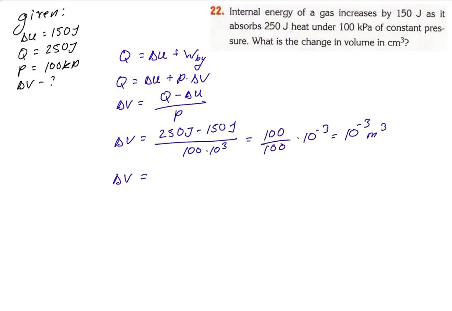So delta V is equal to 10 to the power of negative 3 meters cubed, or I can convert it into centimeters cubed by multiplying it by 10 to the power of 2, which is cubed. So it will be equal to 10 to the power of 3, or just 1000 centimeters cubed.